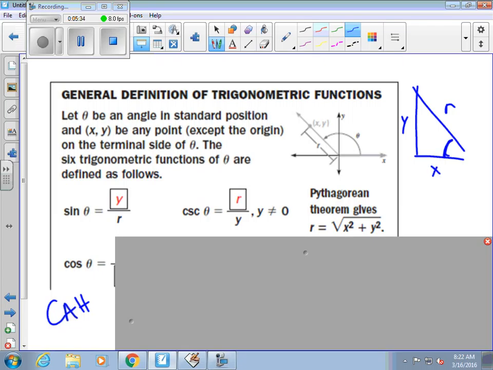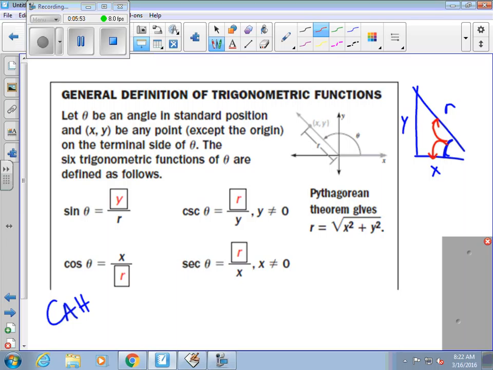So adjacent is x over hypotenuse r, A over H, or x over r. That's cosine. And secant pairs with that one. Remember, secant is just the reciprocal of cosine. So secant, instead of being x over r, is r over x.